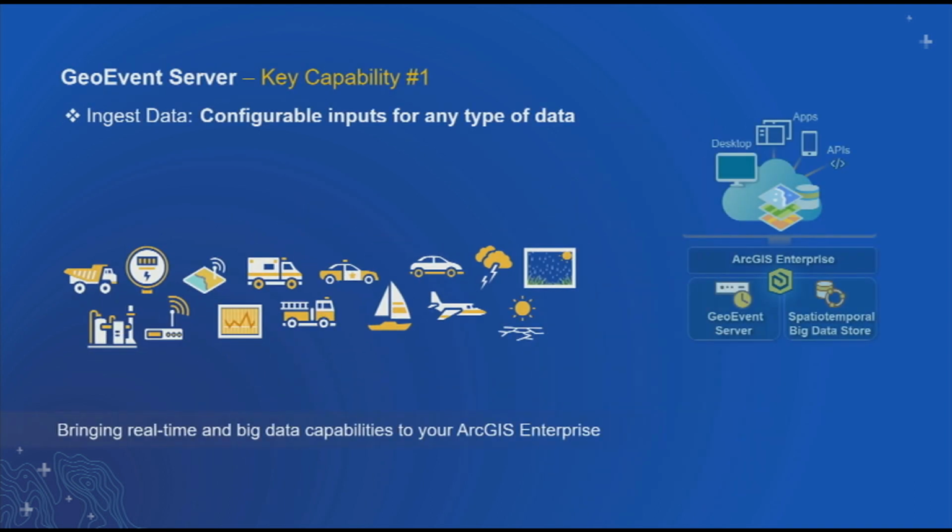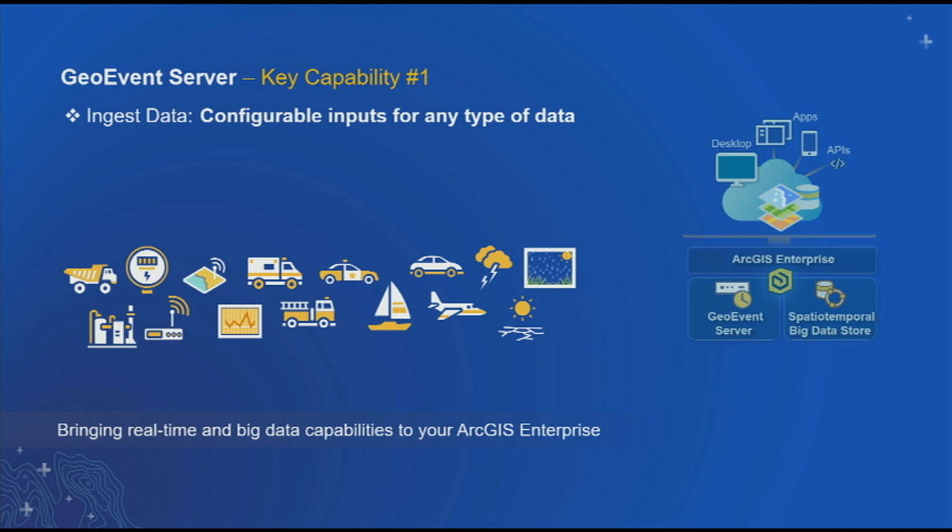So diving into each of these key capabilities a little bit further, the first capability is ingesting data from a variety of data providers. These can be vehicles, airplanes, boats, cars with GPS receivers that are moving around. They can be fixed sensor networks reporting their data via radio or cellular connections.